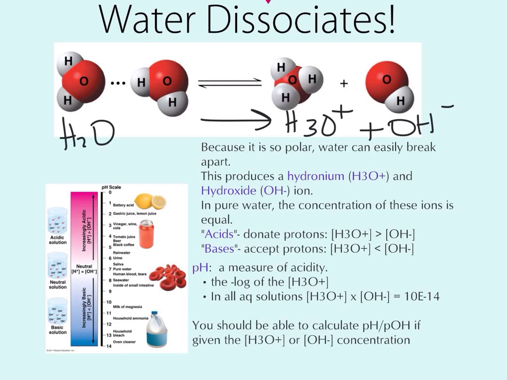So I guess technically that's 2 waters. That's why there are 2 there. Okay, so you can either draw the picture or write the reaction, whichever works better for you. I do want you to know the word hydronium as it says below. So that's your hydronium and that is your hydroxide.